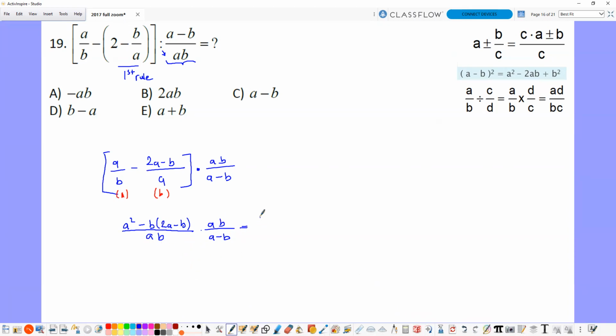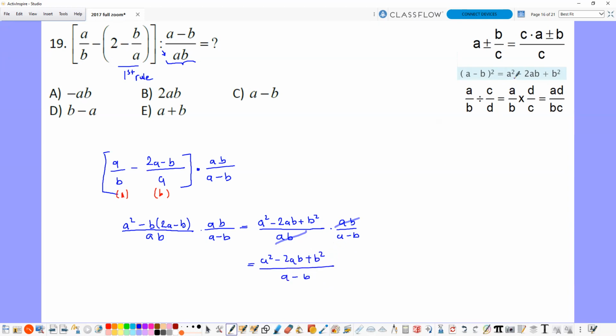So if I multiply them, this is going to be A square minus 2AB plus B square over AB times AB divided by A minus B. When you simplify these two, the expression is going to be equal to A square minus 2AB plus B square divided by A minus B.